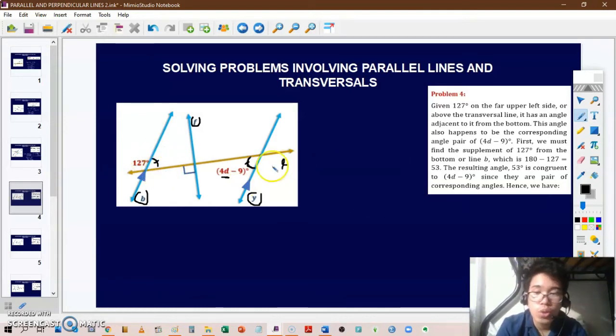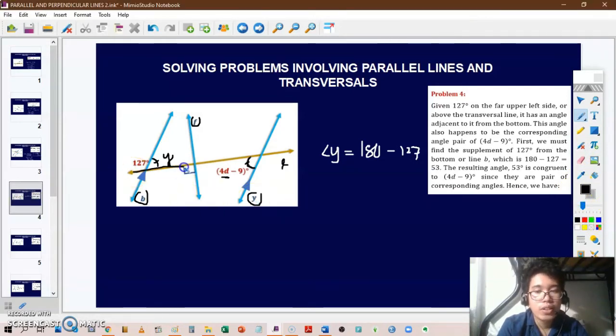To solve for the measurement of this specific angle, let's call this angle y. Angle y is equal to 180 degrees minus 127. So where did we get the 180 degrees? These two adjacent angles, 127 degrees and angle y, are lying on a straight line.